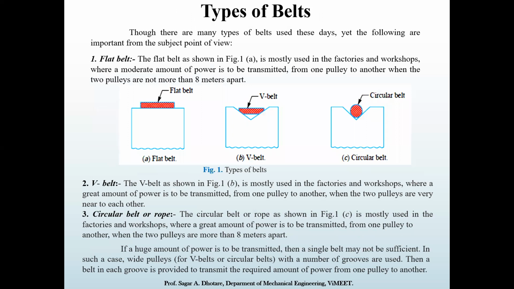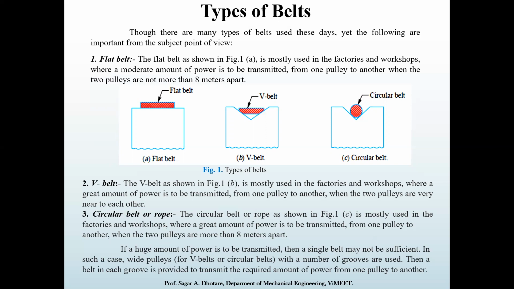Now, types of belts. As we discussed just before, there is a flat belt, V belt, and circular belt. According to the shape of the belt, there is a type of belt. So there are many types of belts used nowadays, and a few are written over here.